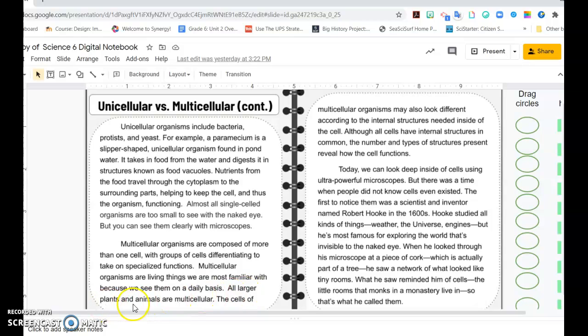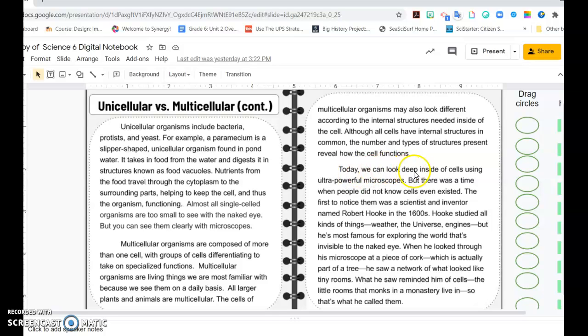All larger plants and animals are multicellular. The cells of multicellular organisms may also look different according to the internal structures needed inside of the cell. Although all cells have internal structures in common, the number and types of structures present reveal how the cell functions.